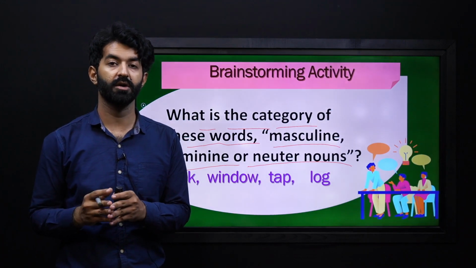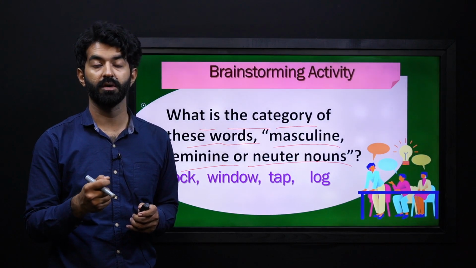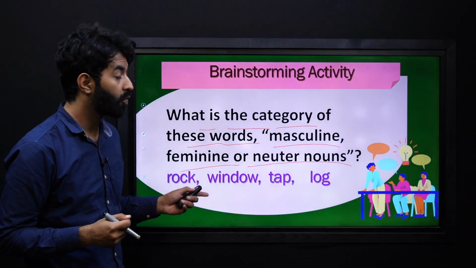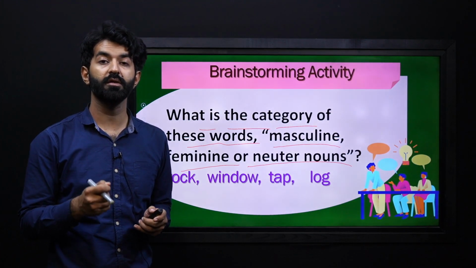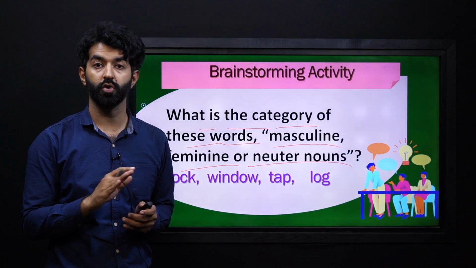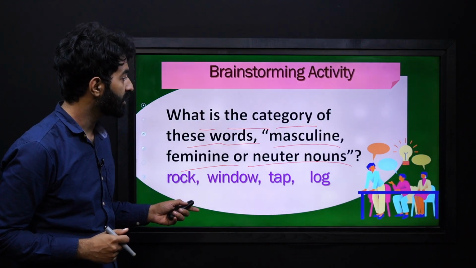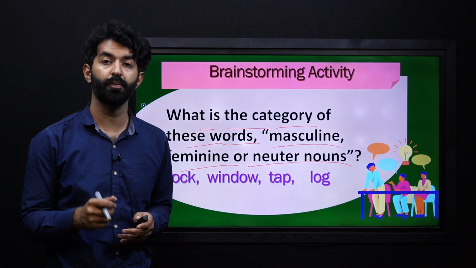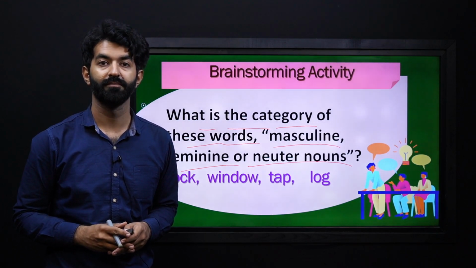Talk to your partner, your fellow, your peer, and find whether the word that you're reading is masculine, feminine or of no gender, which we call gender neutral. Pause the video right now and do it so that we can move forward.